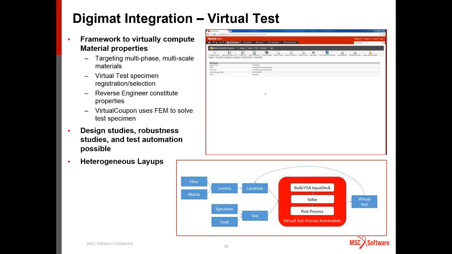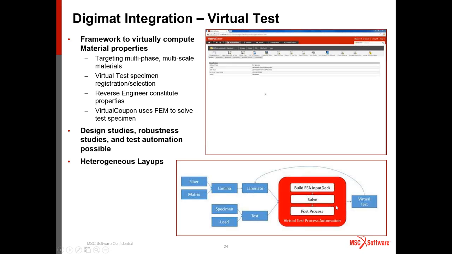Lastly, is a very highly anticipated Digimat integration virtual test feature. From within the web browser, the user will be able to define a virtual test definition as represented in the flow diagram below. Given a set of test conditions and the laminate, which is comprised of multiple materials, the user will be able, after defining these conditions, to send this information through Digimat in a series of predefined solvers in an HPC environment.